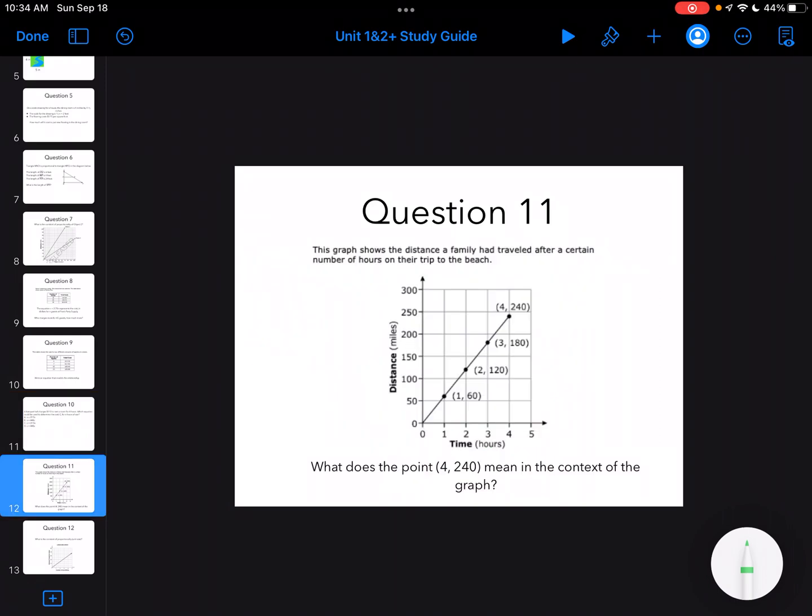The graph shows the distance a family traveled after a certain number of hours on their trip to the beach. What does the point 240 mean in this context? So I read the graph as time and distance. So in 4 hours, they've traveled 240 miles.